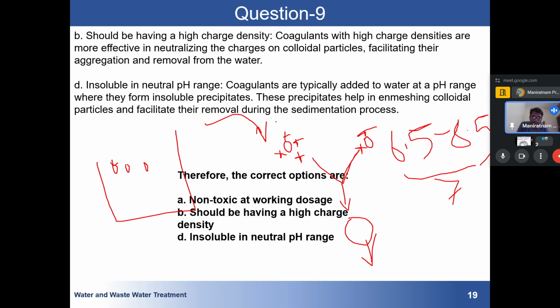Either both particles will have positive charges or both will have negative charges, and we know that like charges never attract each other, they will always repel.